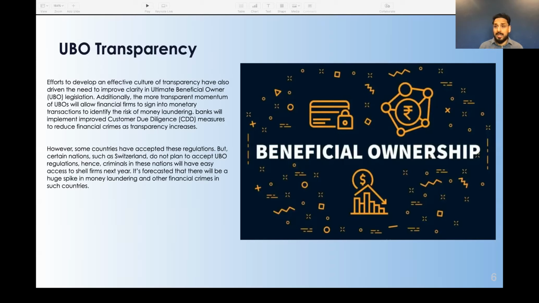Now with the Ukraine and Russia situation, a lot of companies banking with European banks in the Netherlands or other countries have a Russian individual as the ultimate beneficial owner.